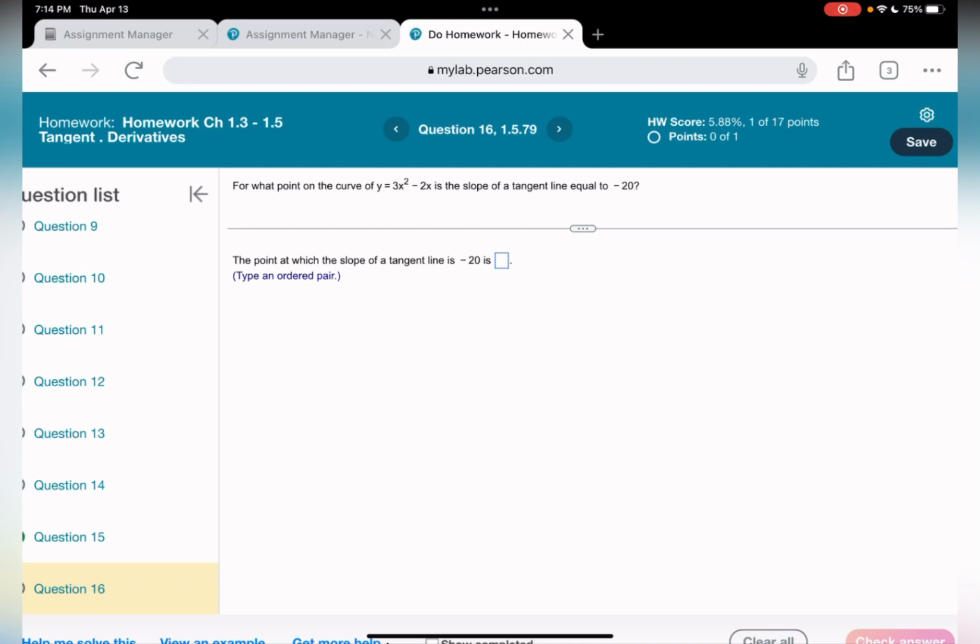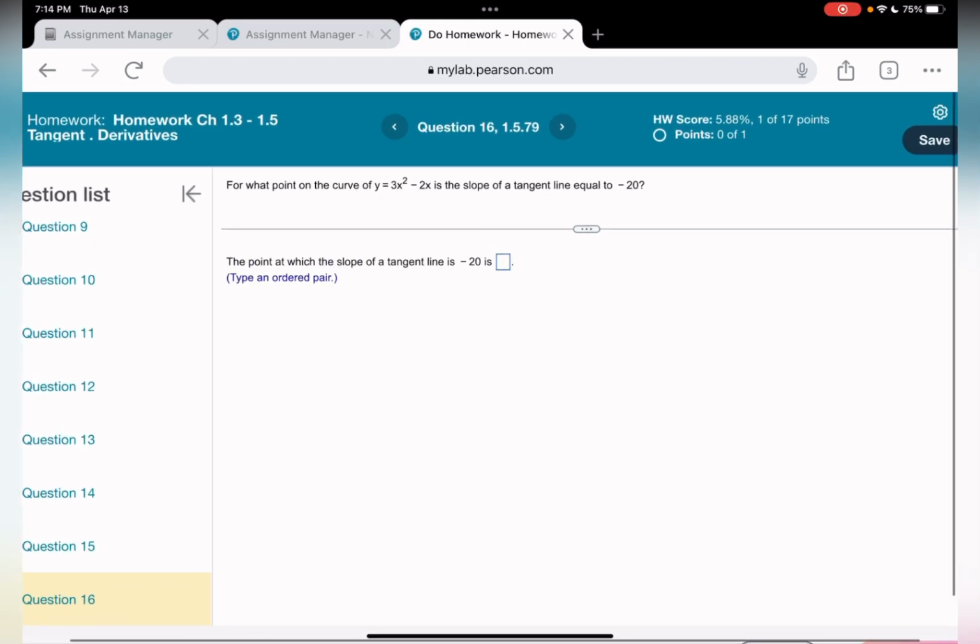Question number 16. For what point on the curve y is equal to 3x squared minus 2x is the slope of the tangent line equal to negative 20? Okay, that's an interesting question. Let's solve it.